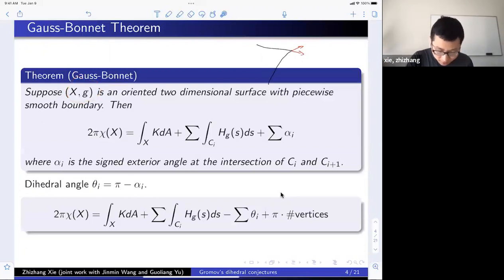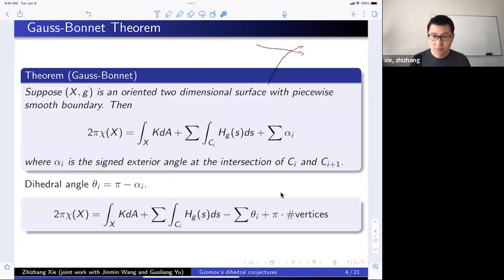In any case, since the conjecture of Gromov was stated in terms of dihedral angles, let's just rewrite the Gauss-Bonnet theorem in terms of dihedral angles. Here, the dihedral angle of this guy right here is by definition equal to pi minus the signed exterior angle. So dihedral angle is between 0 and 2 pi.